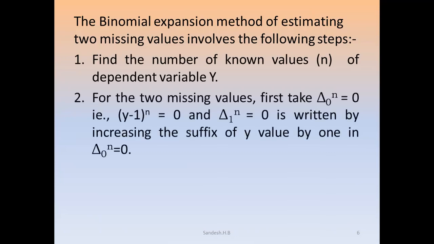Second step, for the two missing values, first take delta naught to the power n is equal to 0, that is (y minus 1) to the power n is equal to 0, and delta 1 to the power n is equal to 0 is written by increasing the suffix of y by 1 in delta naught to the power n is equal to 0.